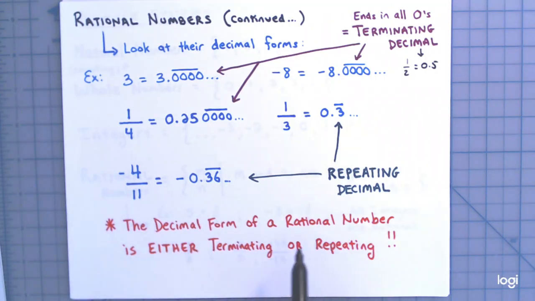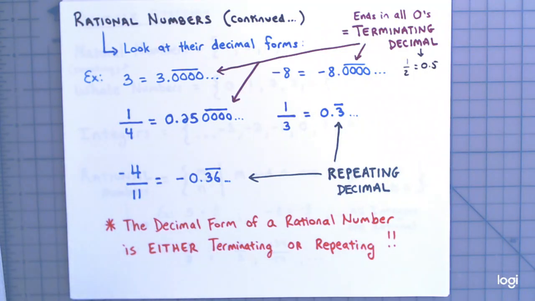But only one of these two. It's going to be one of these, but not both. You can't be both, right? You're either terminating or repeating as a decimal when you're talking about rational numbers. So every rational number in decimal form is either terminating or repeating. Okay, so let's keep that in mind.